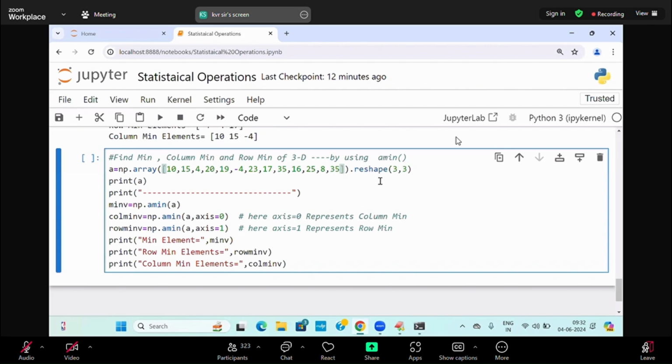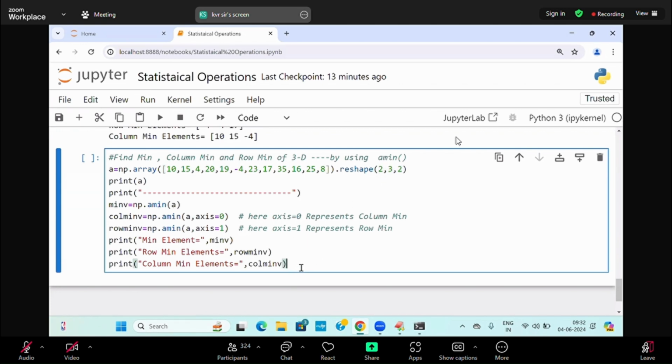Reshape of what I will do? 2 comma 3 comma 2, I think so. Is it clear? 2 comma 3 comma 2. Total how many elements? 4, 6, 3 plus 3, 6, 9, and 9 plus. Okay, last element I will remove. So total 12 elements. This is 12, right?